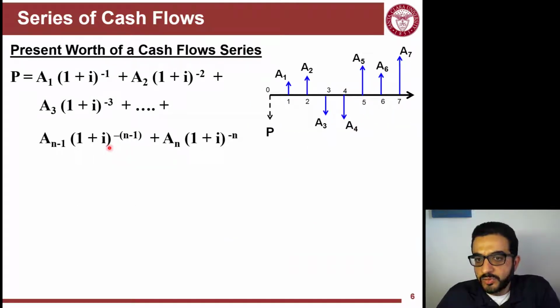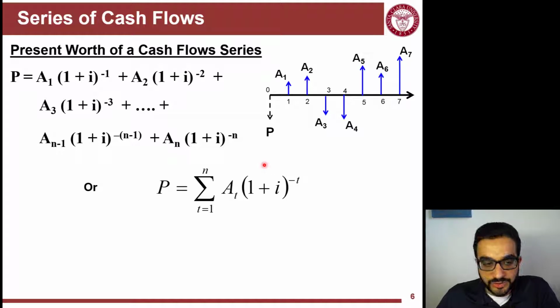This means that P is equal to A1 times (1 plus i) to the power minus 1, so I'm bringing its value to the present. A2 is the same, but now you see it's to the power negative 2, so I'm discounting this value for 2 years, A3 for 3 years, and keep going like that. So I will end up with this generic formula: the present worth of a cash flow is the sum of the present worth values of the cash flows that happen over the years.